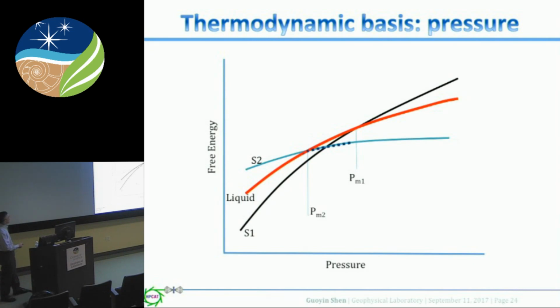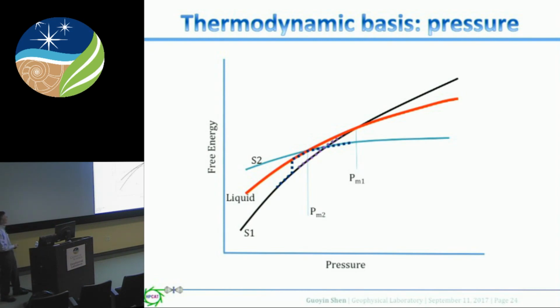So if we have one path that is, let's say, a decompression path from a stable solid 2, and kinetically, if the solid 2 to solid 1 transition is hindered and passes across this, then you will reach melting here. And then the liquid may stay for a while, and then eventually will transform to the solid 1 phase.